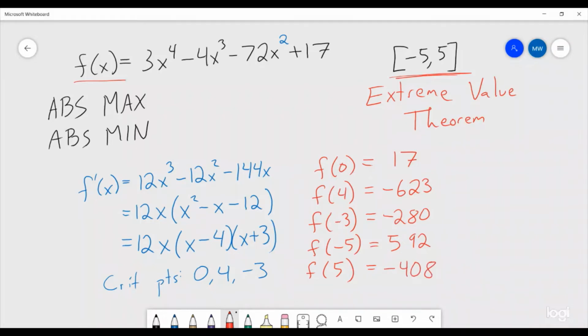So if we are looking for the absolute maximum and absolute minimum, we just go through and find which one is the biggest. This one's the biggest. And which one is the smallest? Well, this one is going to be the smallest. So our absolute maximum is going to be f of negative 5, which is 592.